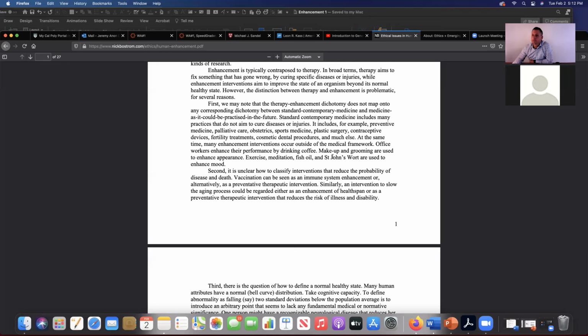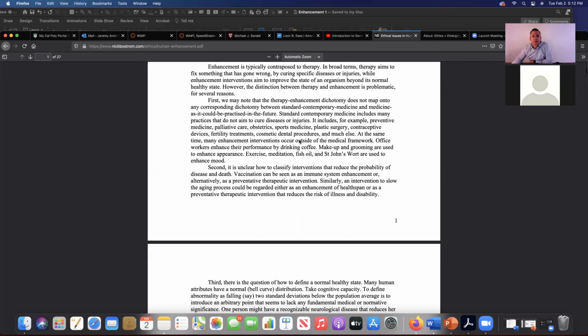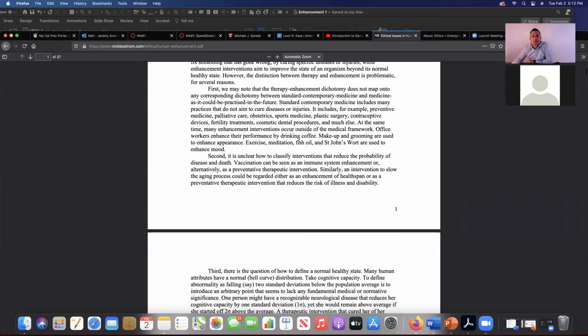Are these all enhancements? Do they fit into the enhancement category? Or are they all therapy? Where are they actually going to fit? So there are going to be issues with where we put these current medical practices, or parts of medical practices.